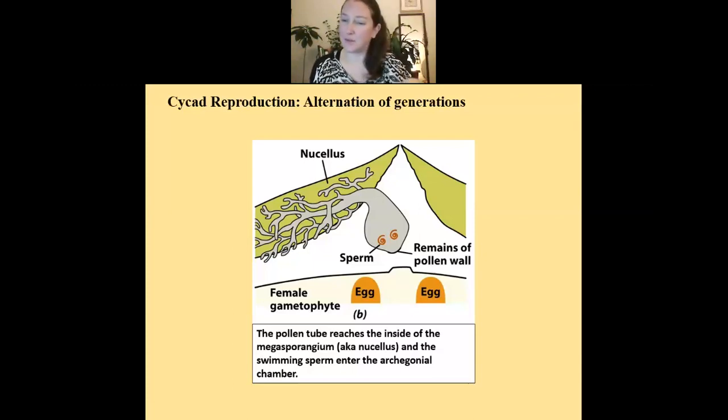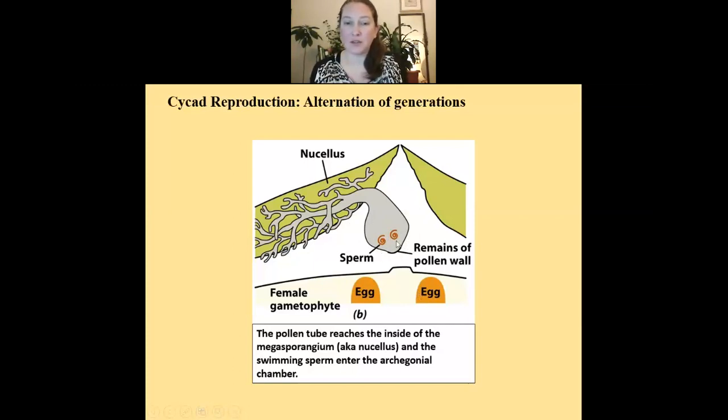This system of two sperm is kind of wasteful because even though there are two eggs in the female gametophyte plant, ultimately only one zygote will win. So here's your pollen tube cell, and it contains two sperm. But this pollen tube cell is not going to fertilize both of these eggs.